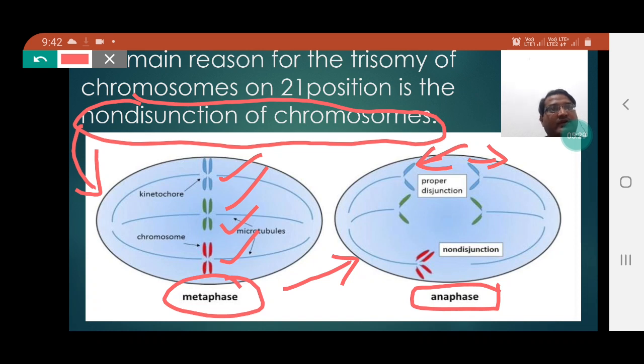But here the chromosome could not separate, which is also mentioned here as non-disjunction. So students, the trisomy of the chromosome on the 21st position actually takes place due to the non-disjunction, that is non-separation of the chromosomes during the anaphase or during the metaphase of the cell division.